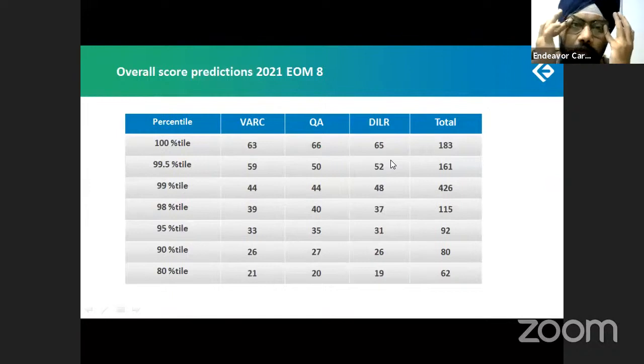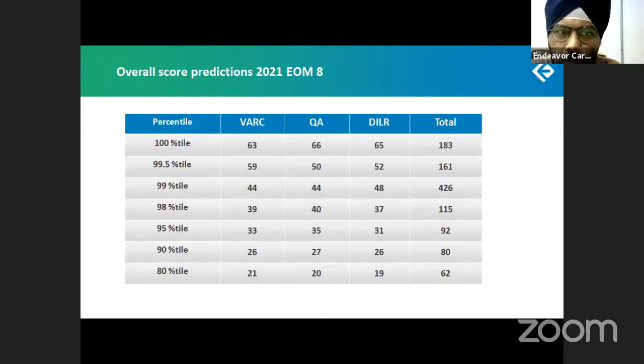This would be your overall scores. Yes, some people would be happy targeting a 183, and I also want to score a 183 someday. It depends on where you stand on the ladder right now, and how clearly and how meticulously you are going to follow the instructions. 100 percentile at a 63, 66, 65 is very close to what was there on CAT last year.